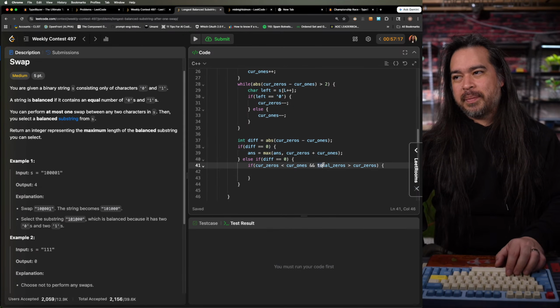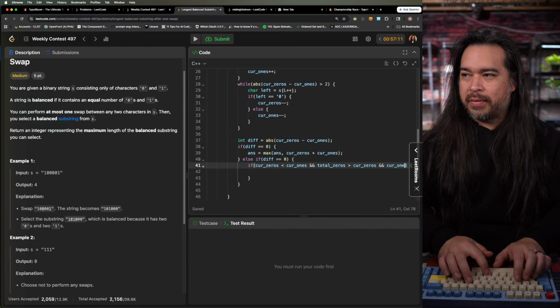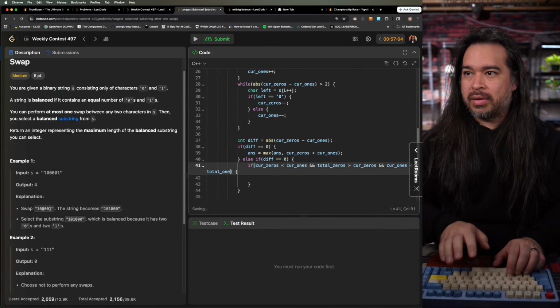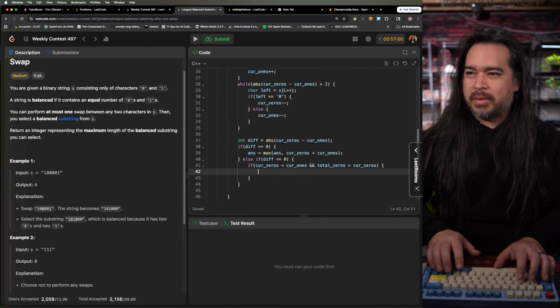Does it mean that? And I guess the number of 1s is less than total 1s because we need... No. That's nonsense. I'm gonna just leave it at this.